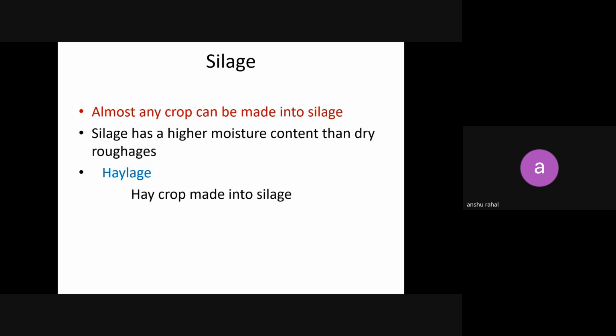But you should take care that the silage is kept in the silo and anaerobic condition should be maintained. If somehow the air enters the silage, it can deteriorate the silage. Sometimes the hay crops can also be made into silage for increasing their quality.